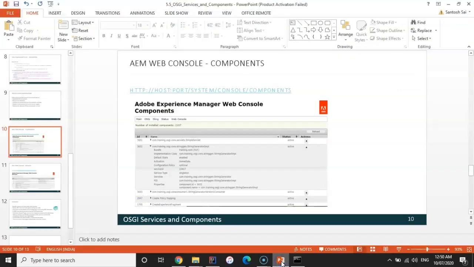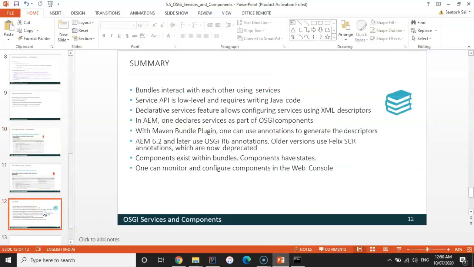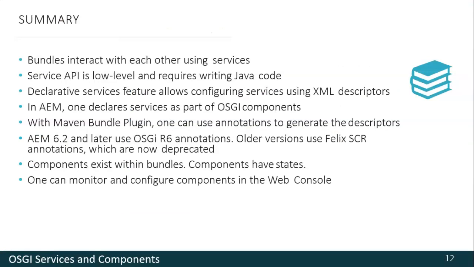Let's switch back to our presentation. Now to summarize, bundles interact with each other using services. Service API is low level and requires writing Java code. The declarative services feature allows configuring services using XML descriptors. In AEM, one declares the services as a part of OSGi components.